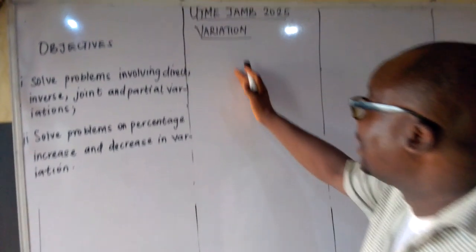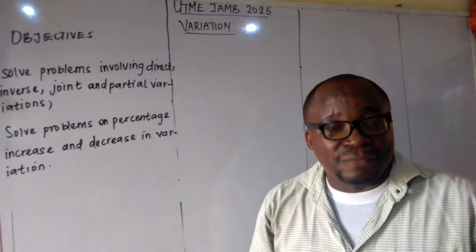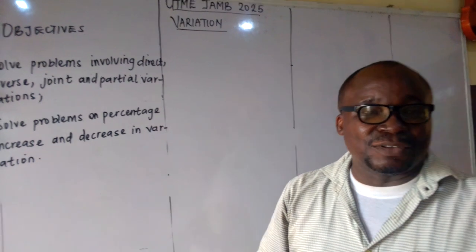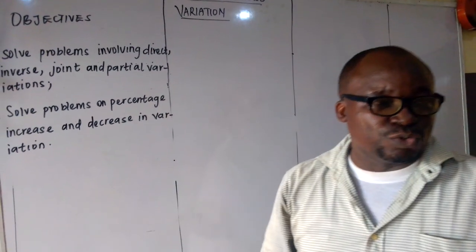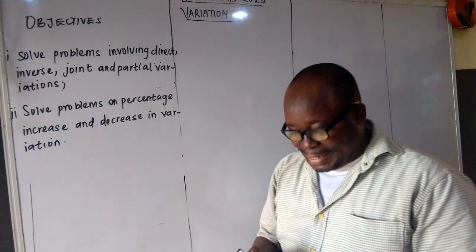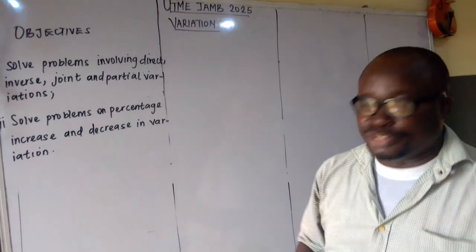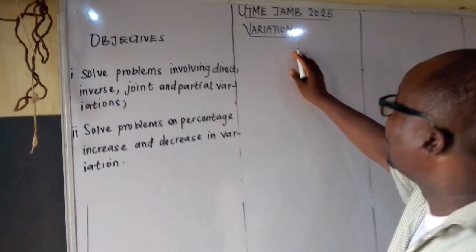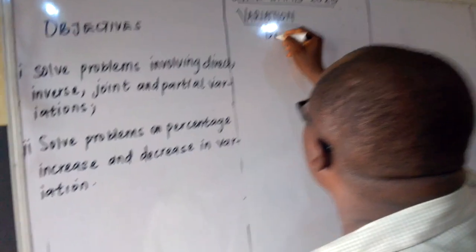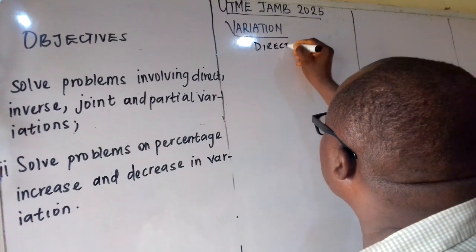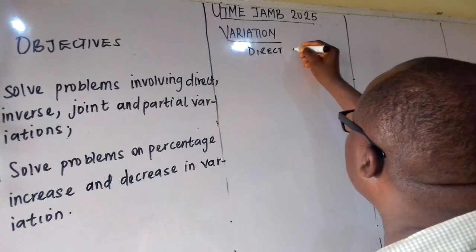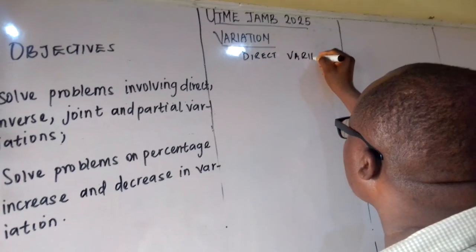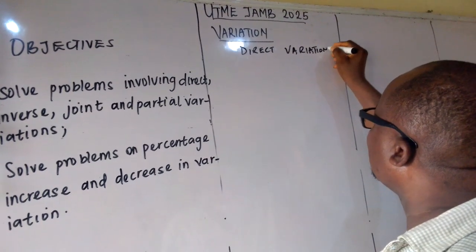So we want to look at variation. What is variation? Variation is the art of comparing two or more parameters in a given mathematical expression. We will start first by talking about direct variation.